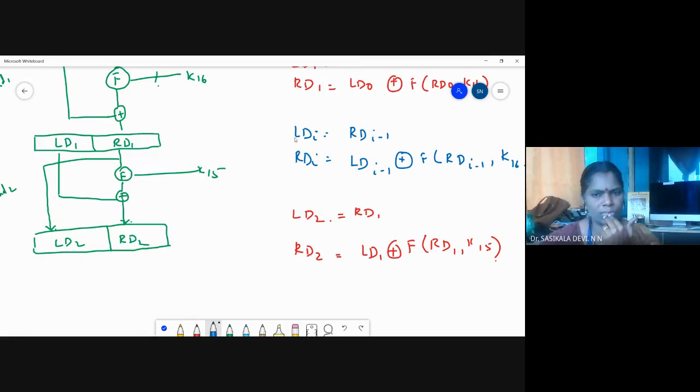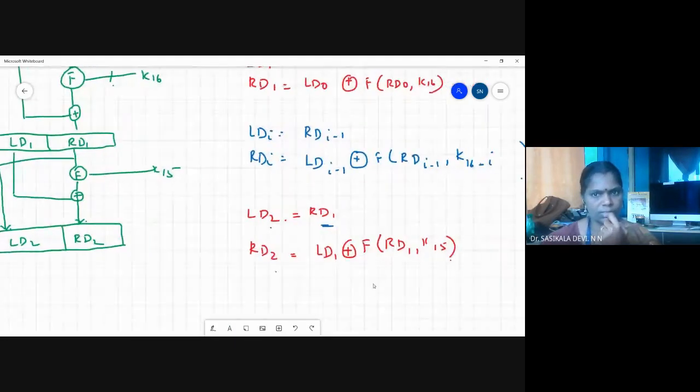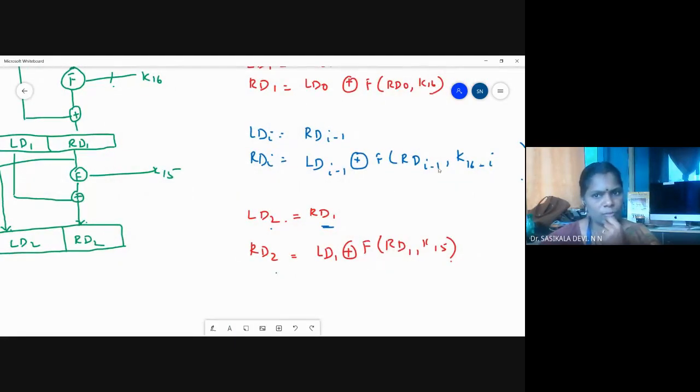LD2 is equal to, LDI is equal to RDI minus 1. So RDI minus 1 is 2 minus 1, RD1. And RDI is equal to LDI minus 1, so LD1, XOR with F of RDI minus 1. So I minus 1, that is 2 minus 1, so 1, comma K16 minus I plus 1.